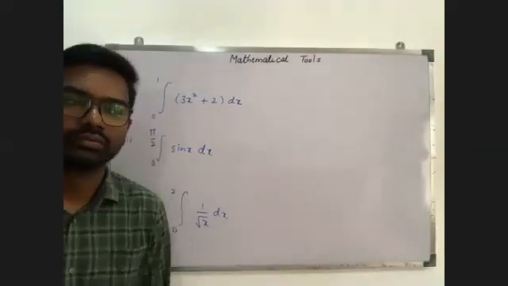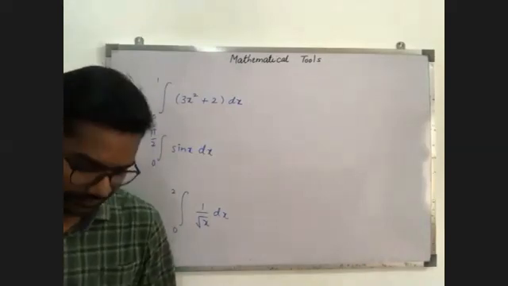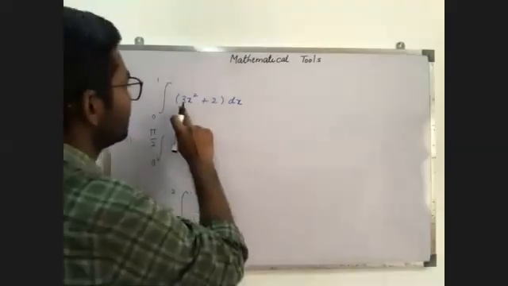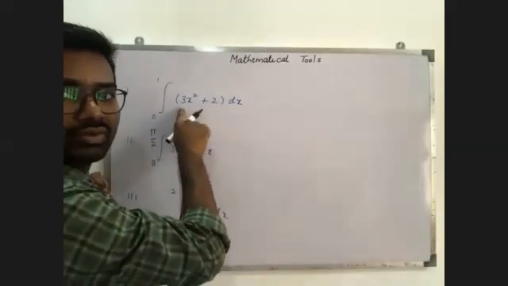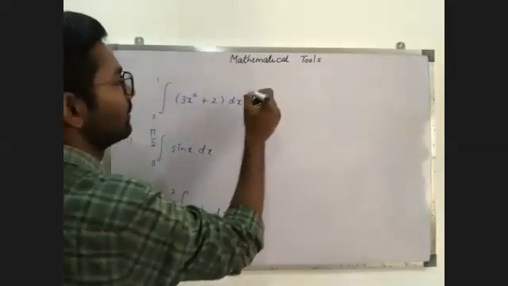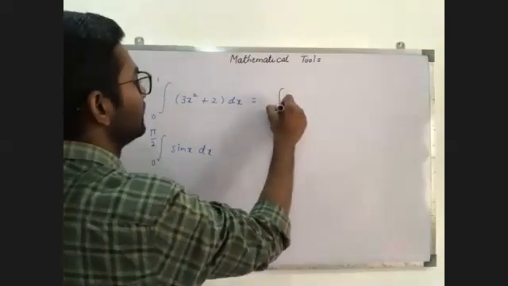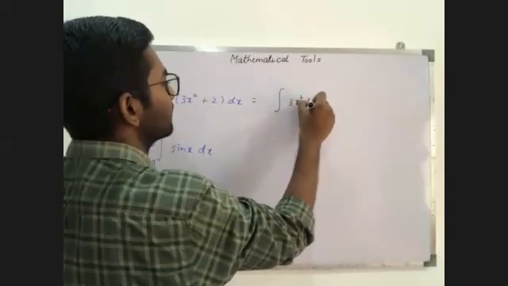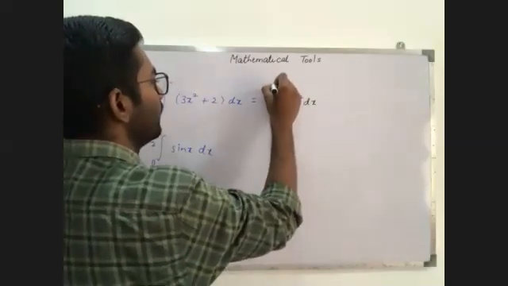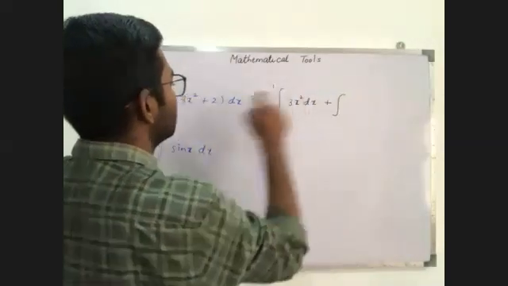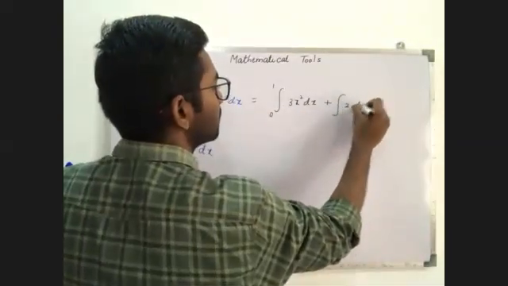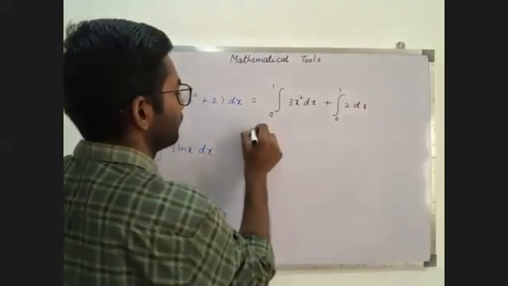Now look here, how we are going to solve it. Everyone, right? So just look here. In this one, first I have to use some rule because I'm using the indefinite one. So integration of 3x square dx from 0 to 1 plus, because this is a plus sign, integration of 2 dx from 0 to 1.